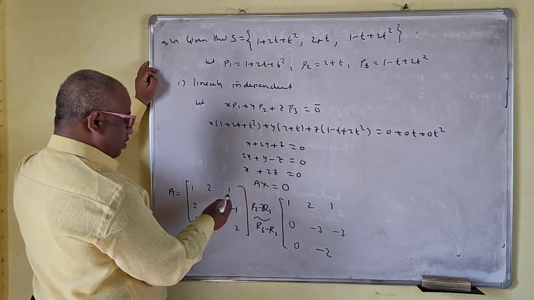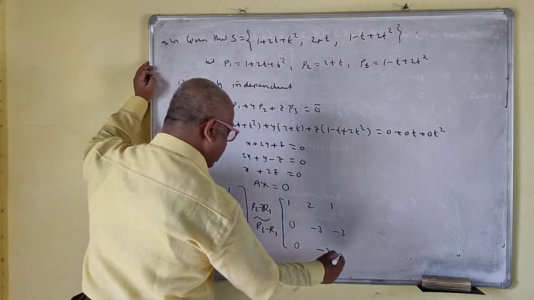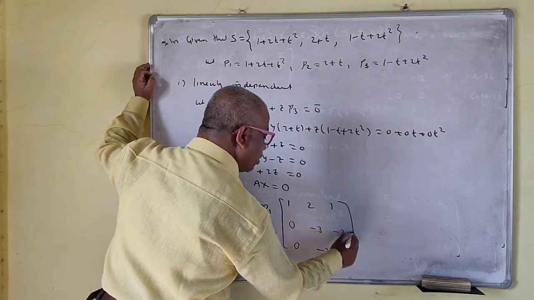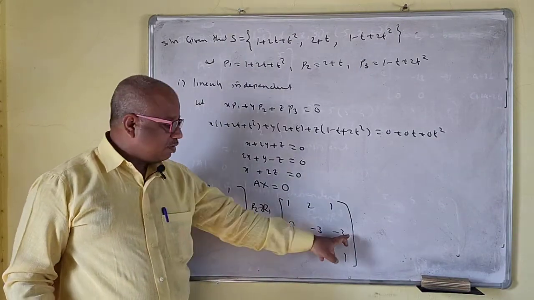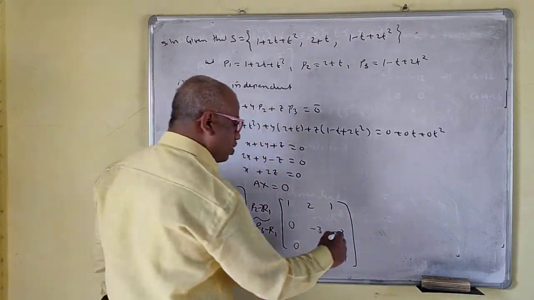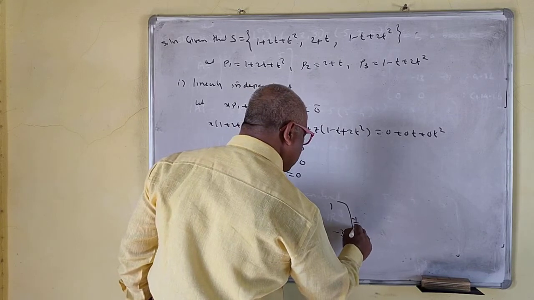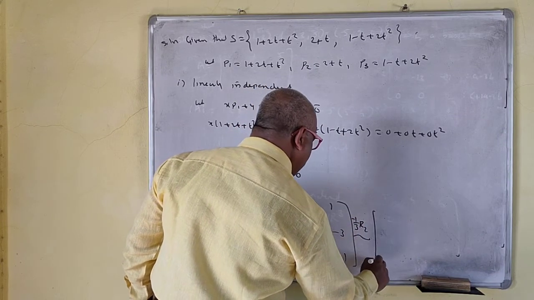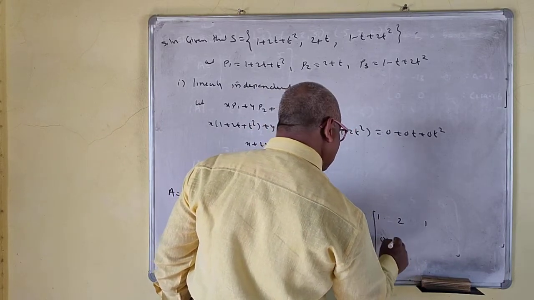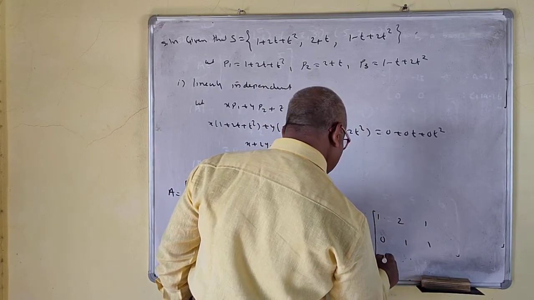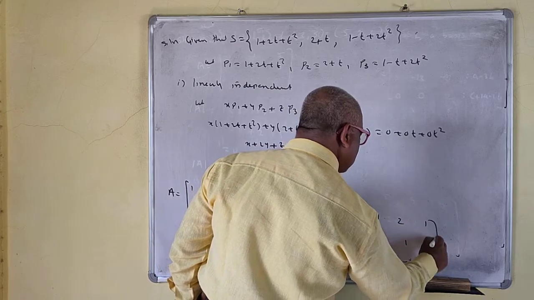Now you can divide by minus 3, because we don't get a fractional term. So we'll write R2 times minus 1 by 3, and make this entry 1. So 1 2 1, 0 1 1, 0 minus 2 1.